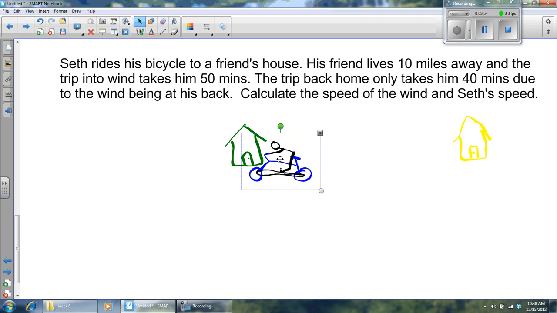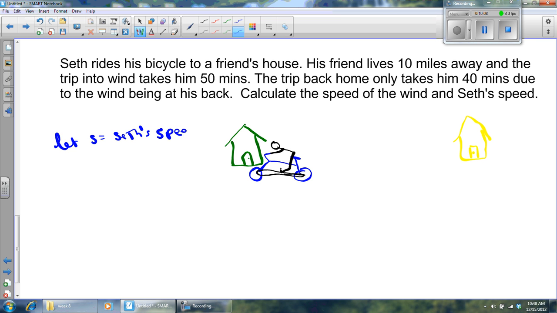Okay, so here we go. We're going to let S equal Seth's speed. And we're going to let W equal the wind's speed, right?